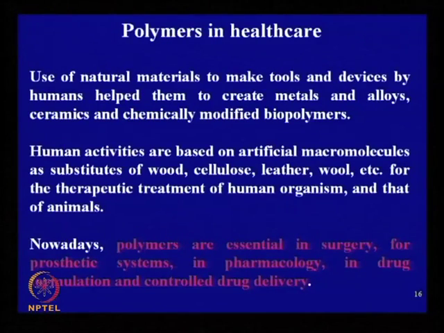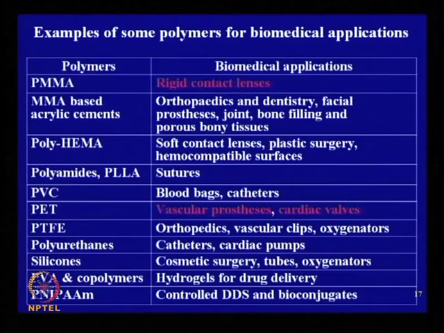Now, polymers in healthcare, I have told many things. Now, look at the examples of polymers: polymethyl methacrylate. These acrylate polymers, these acrylic polymers, because of their excellent refractive index, are used in optical devices.